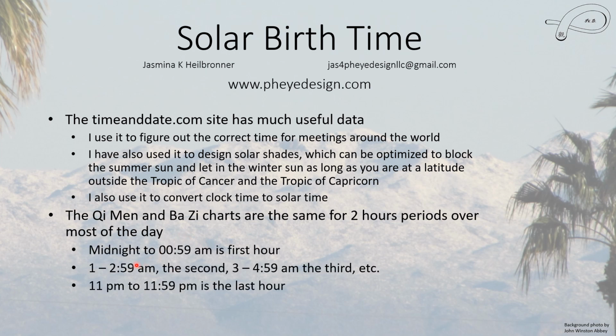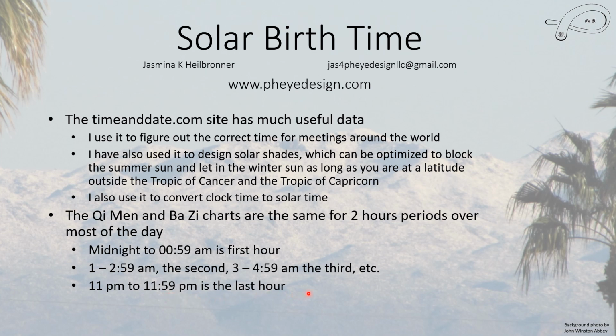The first hour is from midnight to just before 1 a.m. The second hour is from 1 to just before 3. The third is from 3 to just before 5, and so forth. And then the last hour is from 11 p.m. to just before midnight.